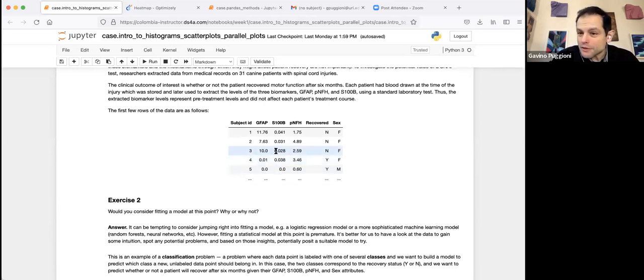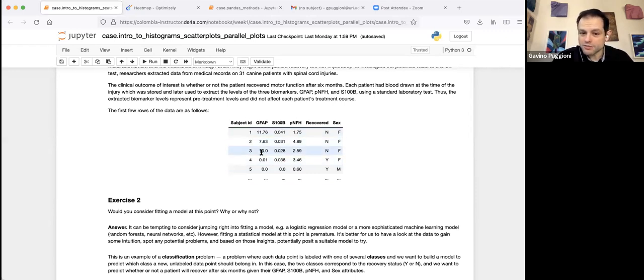Now, probably from this table, you can start having a sense of where this might be going. Can you see that lower values of the biomarkers seem to be associated with potential recovery, while higher values seem to be associated with non-recovery?